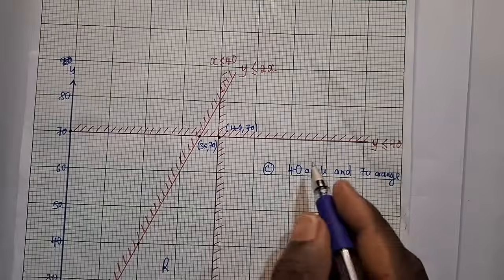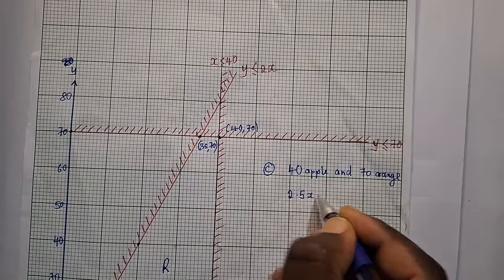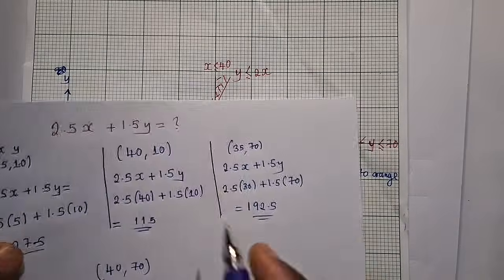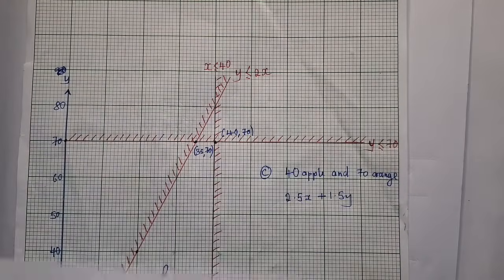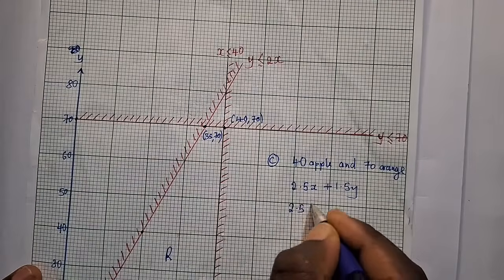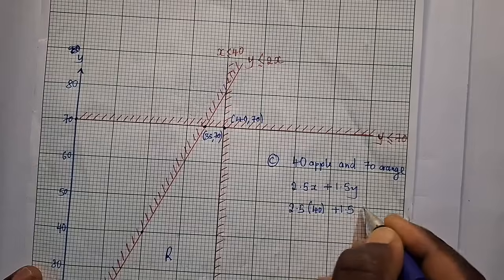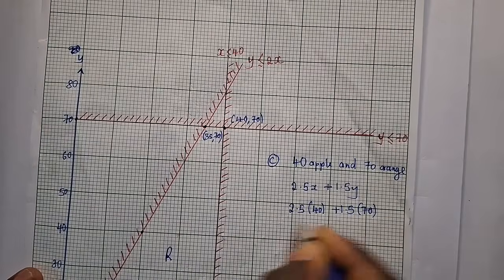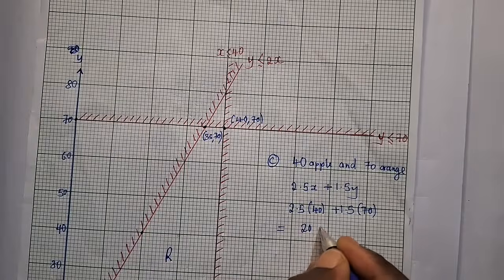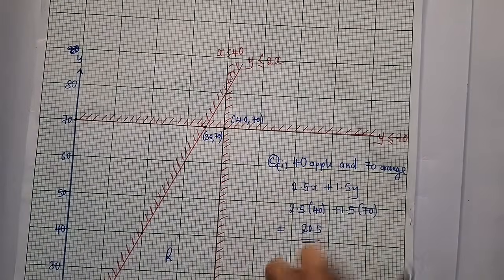Actually, you're supposed to start with the steps. So you're going to say 2.5x plus 1.5y. You just copy this objective function, and then you write 2.5(40) plus 1.5(70), and then you say equal to 205. So this is C1.